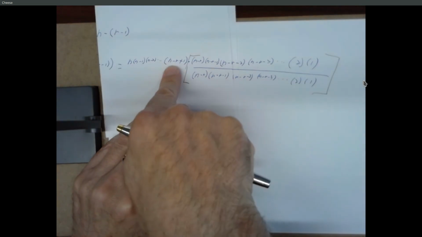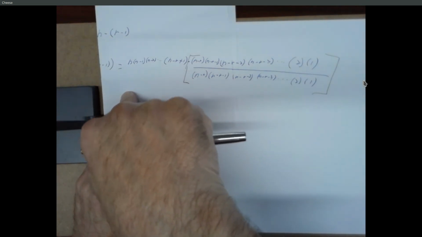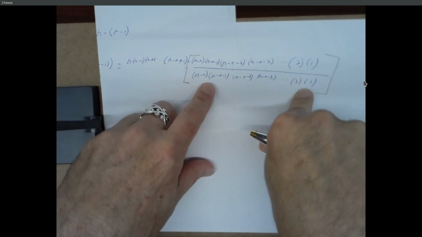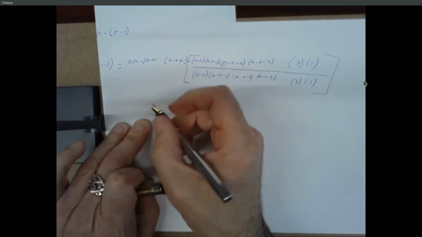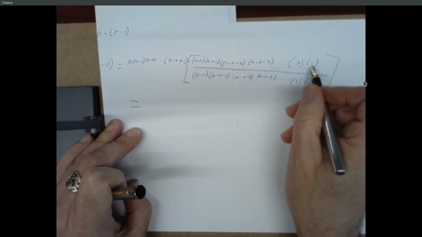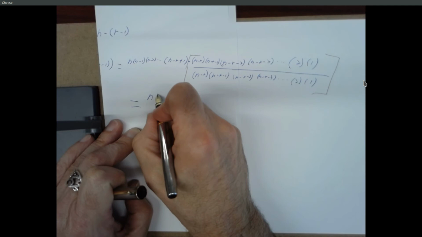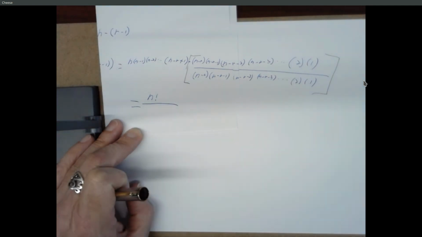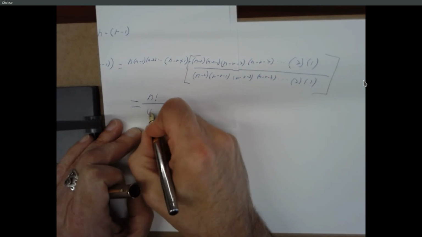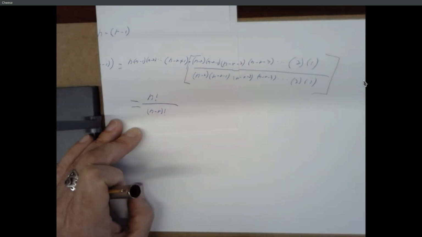So this original expression, which is the number of r permutations of n objects, is really just equal to this times 1, right? But I can rewrite this top part as the product of all the integers from 1 up through n. That's just n factorial. And the bottom part is the product of all integers from 1 up through n minus r. That's just n minus r factorial.